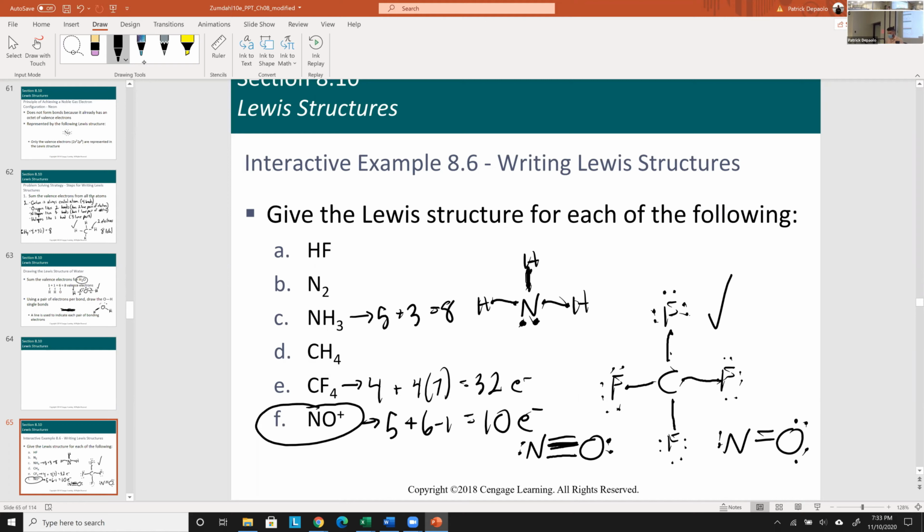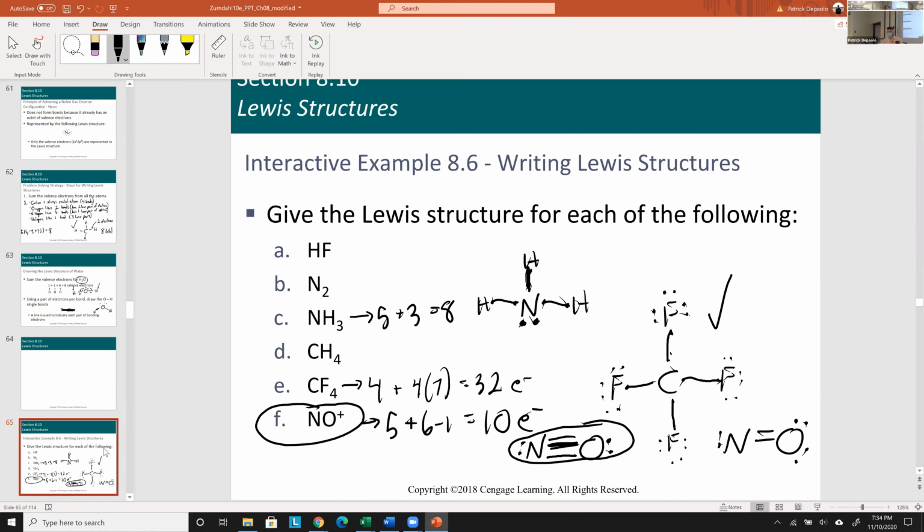Well, nitrogen's not going to satisfy the octet rule. That would equal 10: 2, 4, 6, 8, 10. So that nitrogen is not going to satisfy the octet rule. In this case, they both satisfy the octet rule. That's more stable. Even though oxygen goes 1 bond above what it likes, it's still going to be stable.